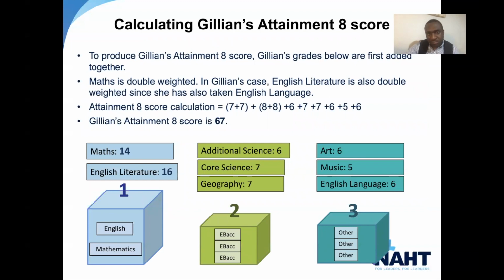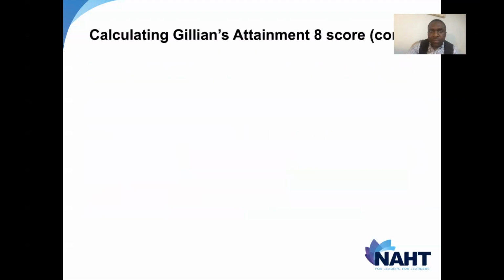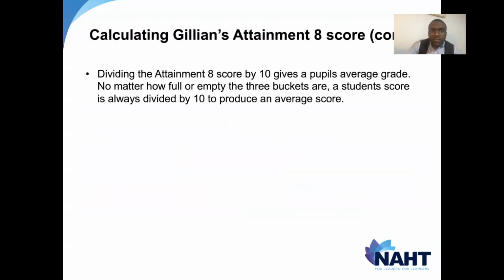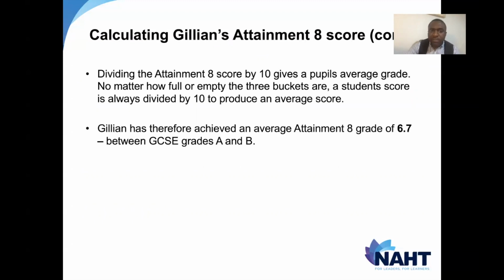That's the score altogether after the double weighted score. Dividing that Attainment 8 by 10 will give an average grade. So Jillian has therefore achieved an average attainment grade of 6.7, between GCSE grade A and B.